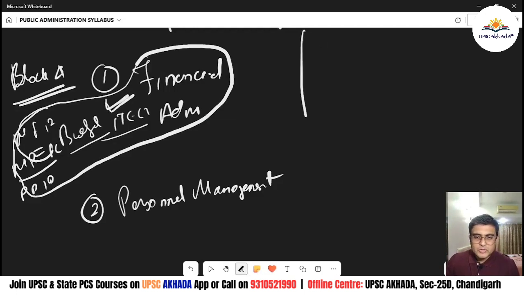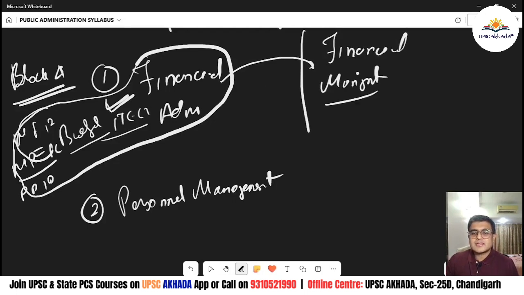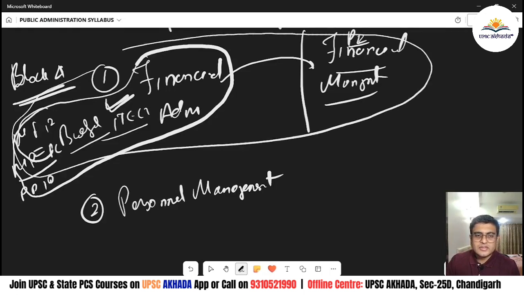And in paper 2, when these aspects are applied to Indian administration, the chapter becomes financial management. So this chapter of paper 2 talks about the financial aspects of the Indian administration. You should study these 2 chapters together, so there is continuity. Financial administration is in paper 1 and financial management is in paper 2.